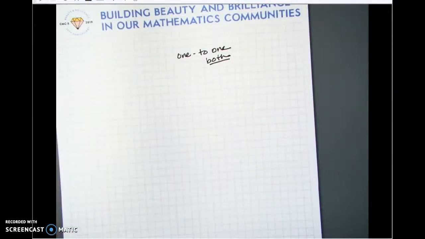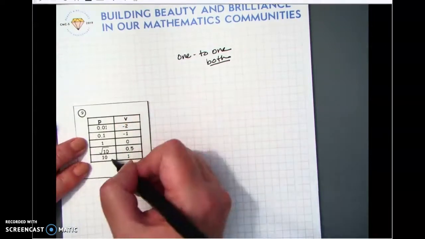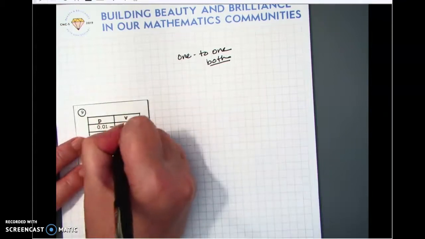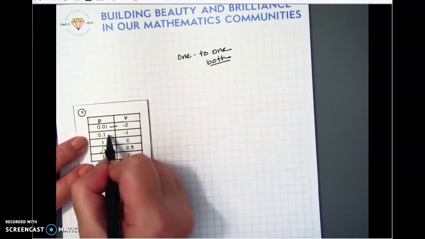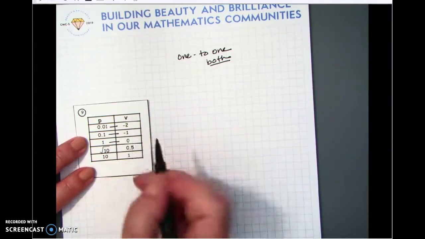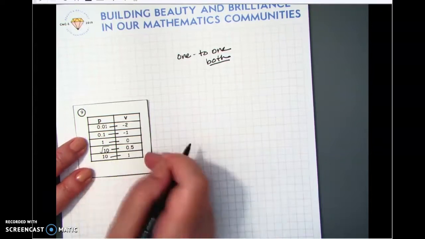All right, so looking at question number 9, again, let's cancel out anything that's a repeat. I don't see any. So this is saying 0.01 maps onto -2, 0.1 maps onto -1, 1 maps onto 0, root 10 maps onto 1/2 or 0.5, and 10 maps onto 1.